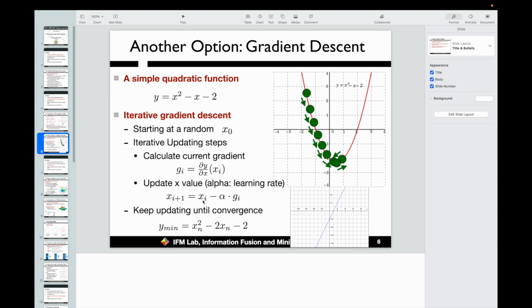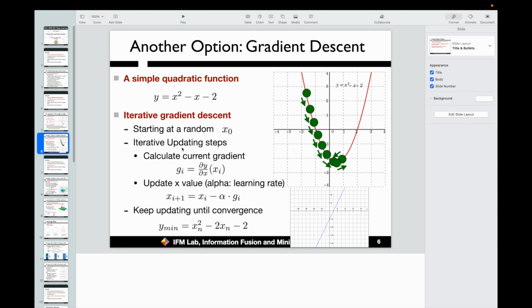Here xi denotes the current variable value, and gi denotes its current gradient. And alpha is the learning rate. Normally it is a positive number. It's a very small number, denoting how big a step we will take. And here we have xi minus. This minus is important. We're taking the minus of the gradient.